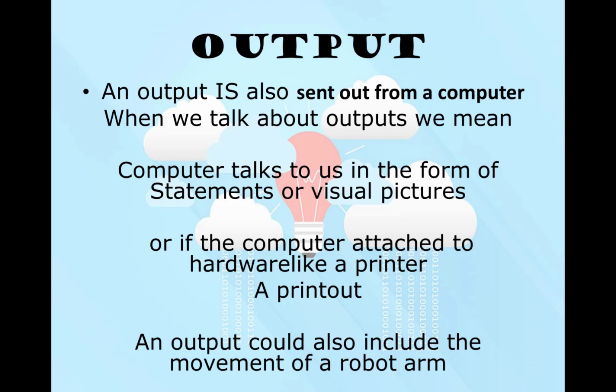Sometimes it writes stuff to you, and sometimes you see pictures that it brings out from the computer screen. We've also sometimes got printouts from the printer, and that's a form of output too. Or an output could mean moving a robot arm.